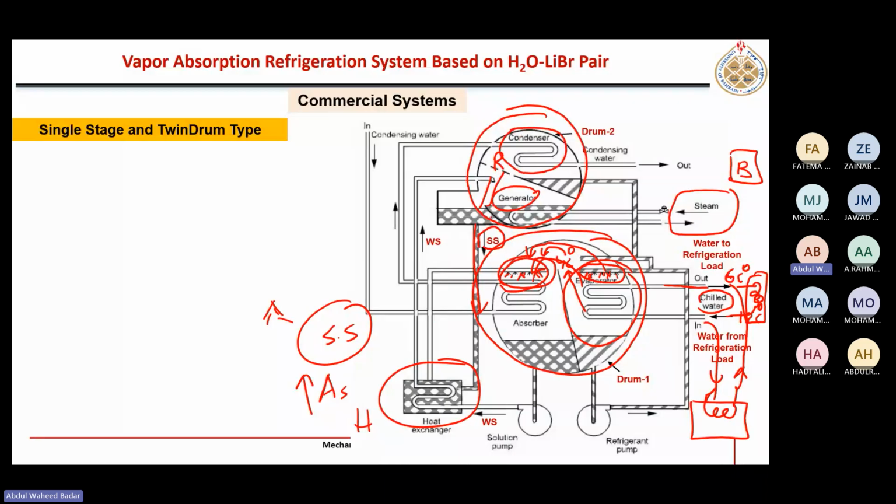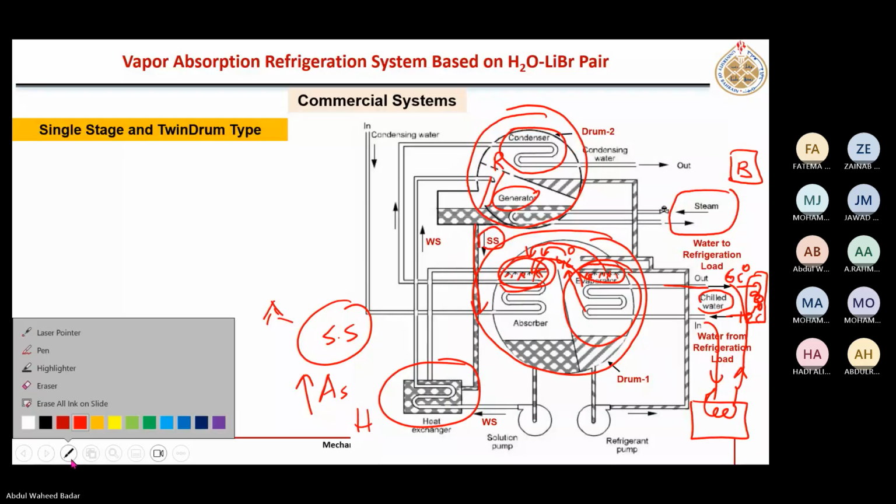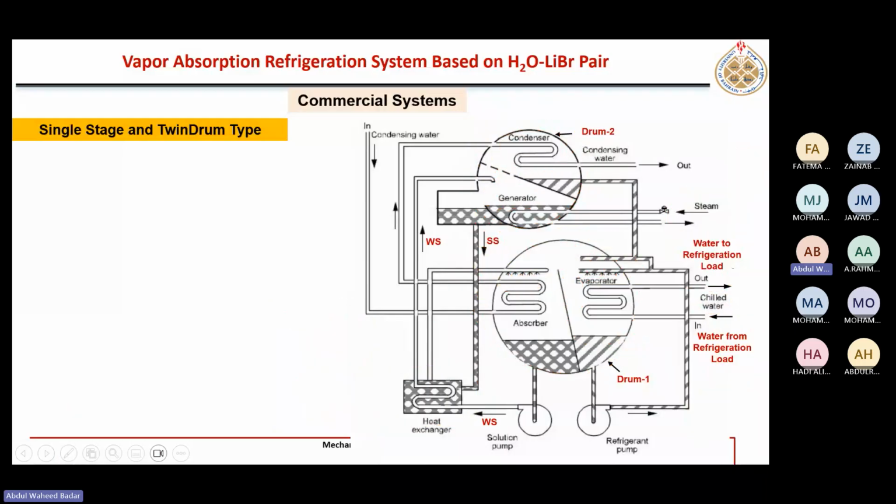So in the condenser, you have a cooling source, which is another cooling water, right? Which is shown here. This is the cooling water coming from the cooling tower. First, it goes into the absorber. And then after picking this heat of absorption, it goes into the condenser to absorb this heat also, because here temperature is high, here temperature is low.